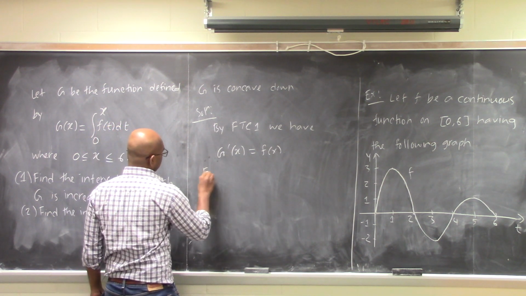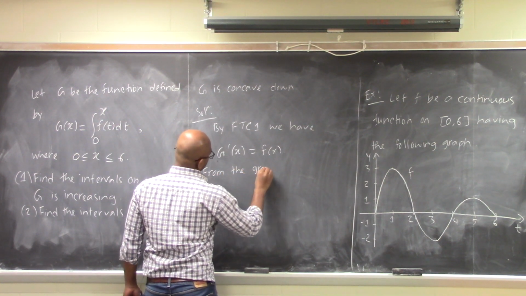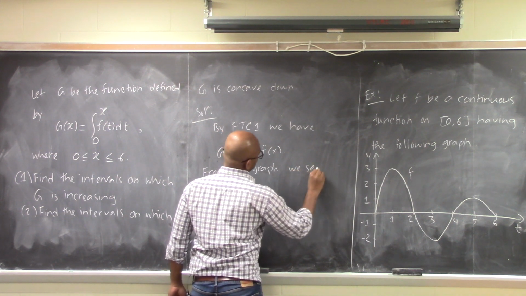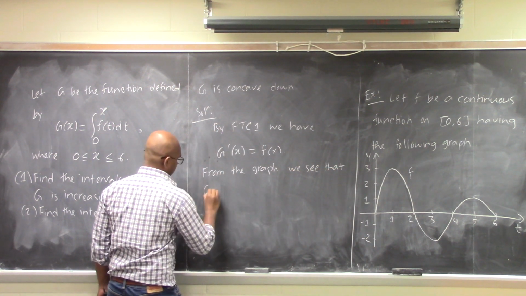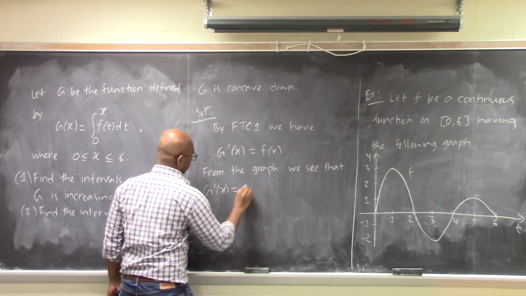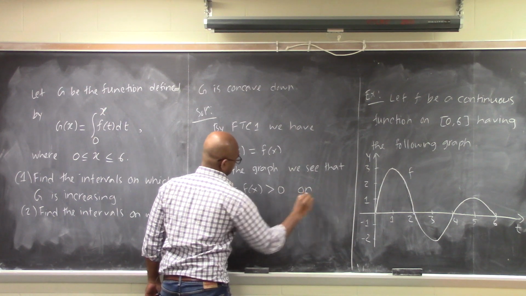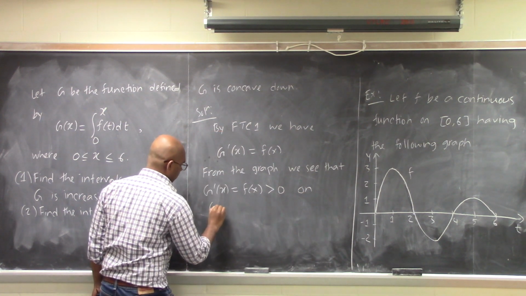From the graph, we see that G prime of x, which is f of x, is positive on 0 to 2.